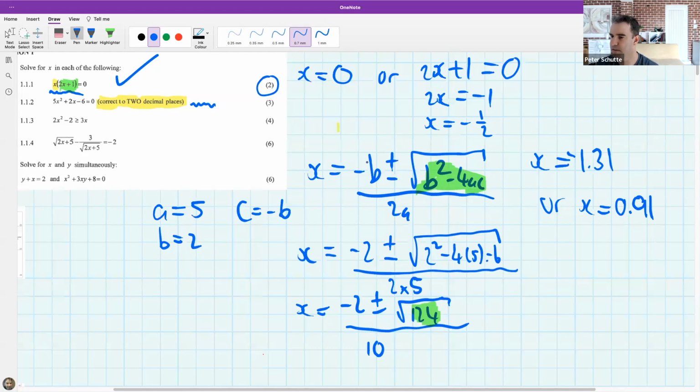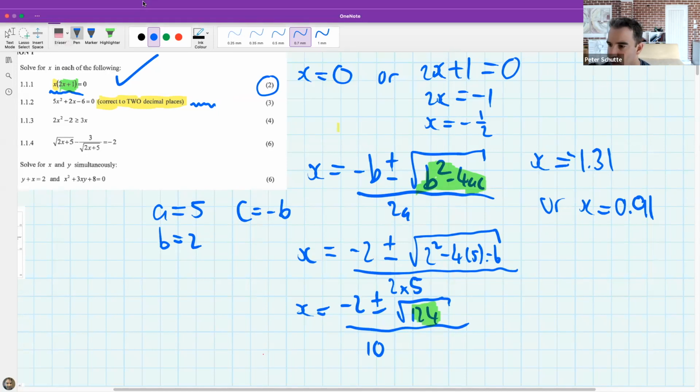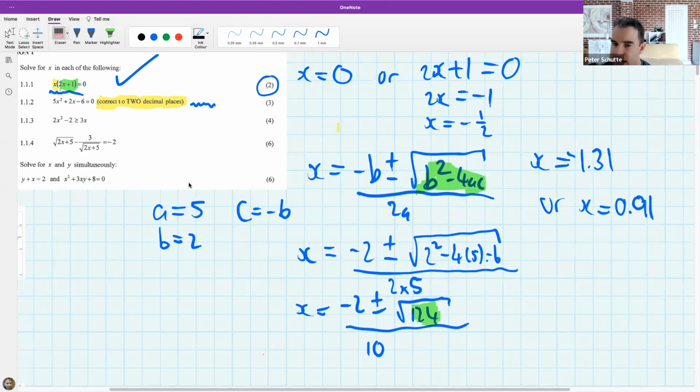Just want a quick bit of feedback from the class. So I'm going to ask you to take a screenshot if you need to of the working out, because we're going to do one more question before the break, and it's going to be an inequality question. But I need to remove this part first. Okay.